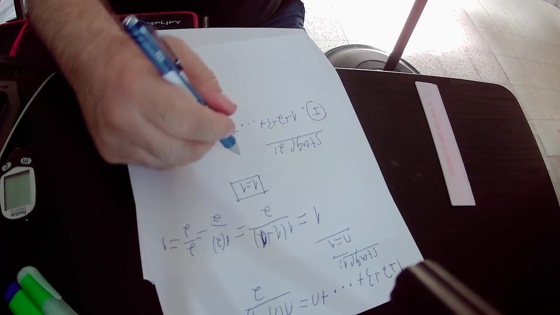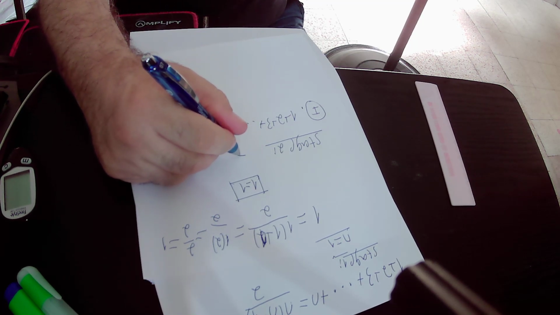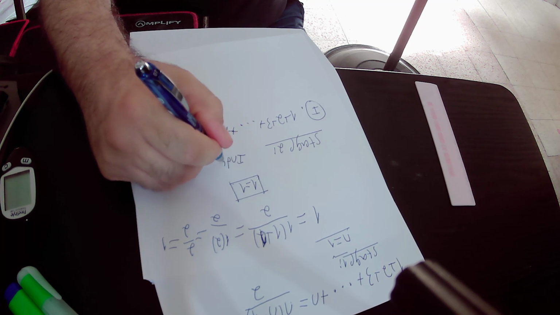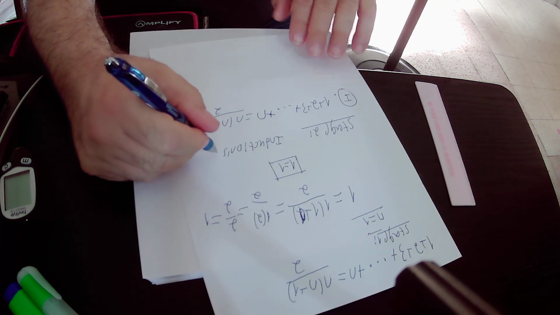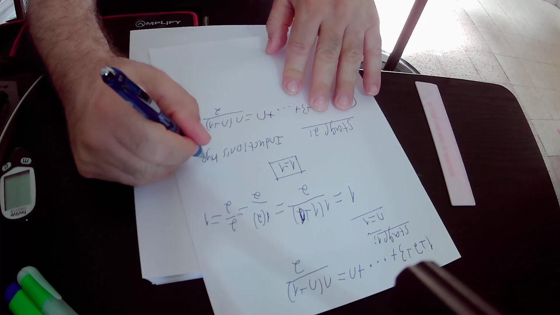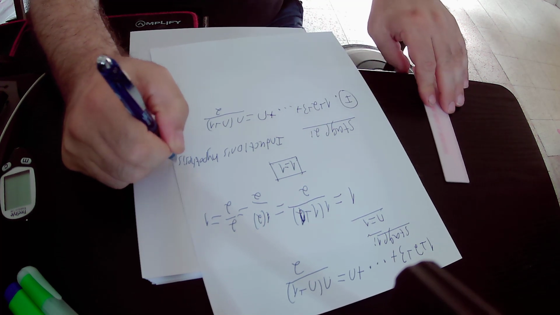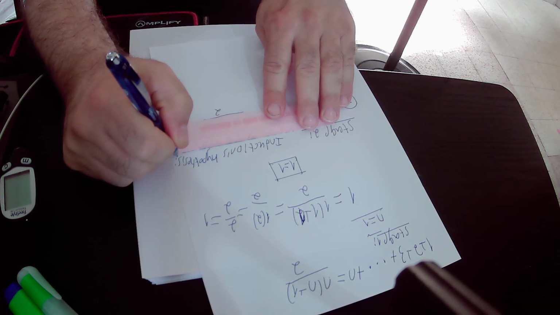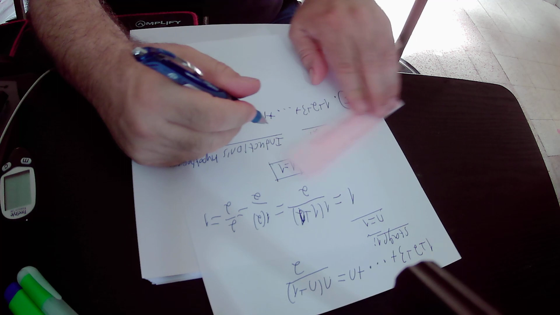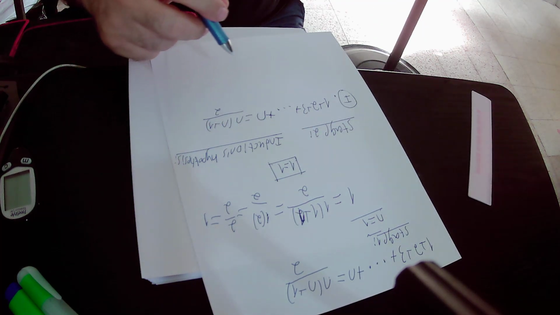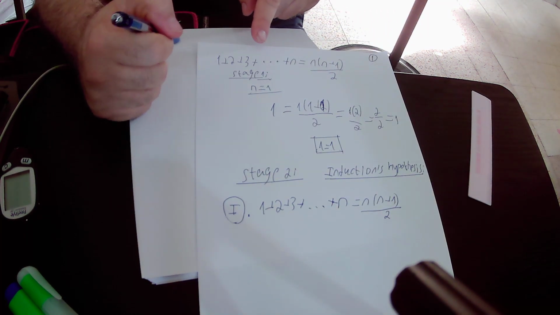So this is actually expression 1, the induction hypothesis. The induction hypothesis is that we assume that this expression is true for n.